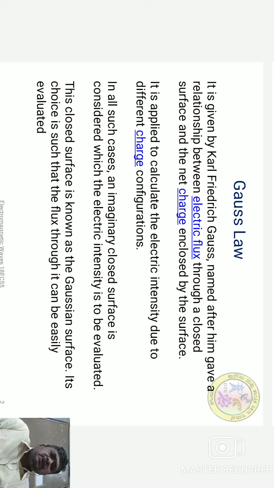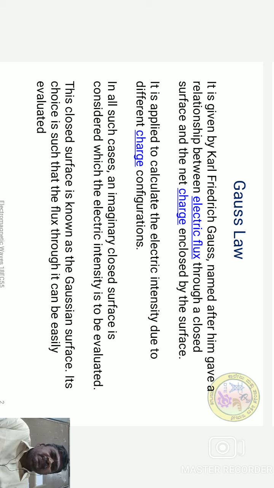Now the statement of the Gauss law: the electric flux linked to a closed surface kept in the electric field is 1 upon epsilon naught times the charge q enclosed in the surface.